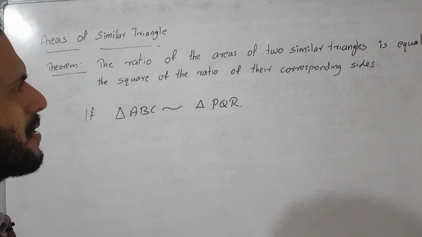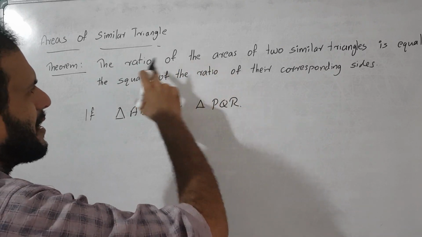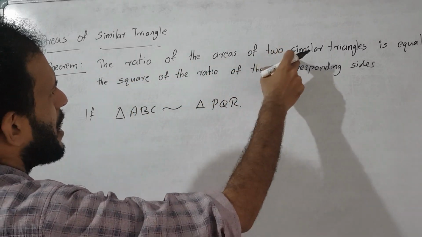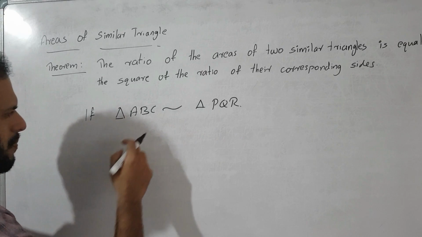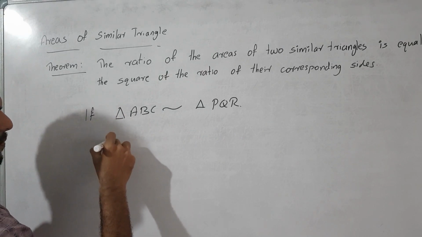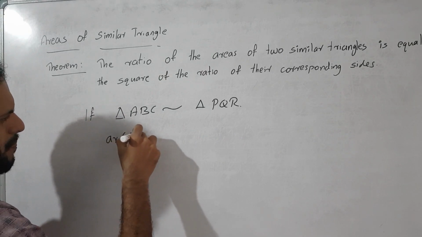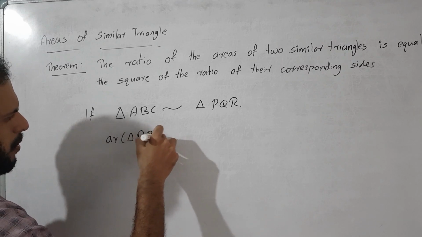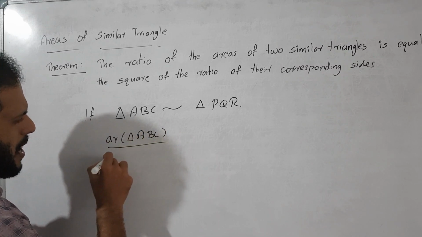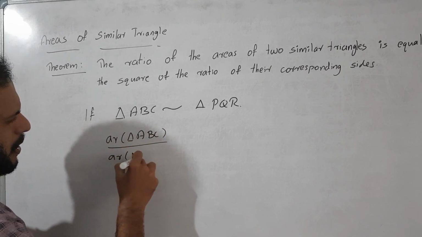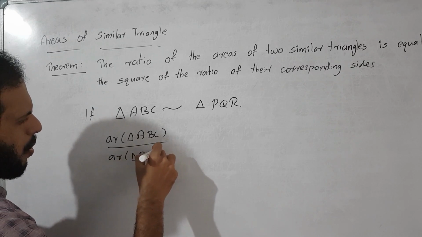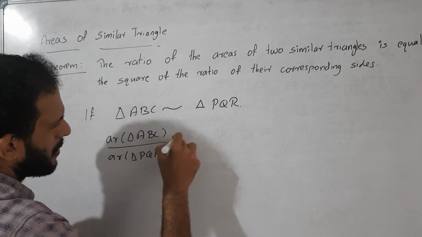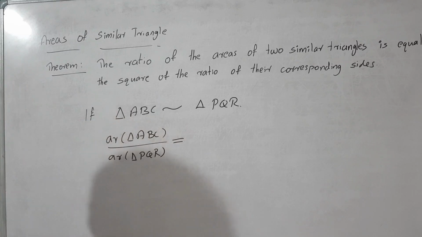Then the theorem says that the ratio of the areas of two similar triangles, that means area of triangle ABC upon area of triangle PQR, is equal to the square of the ratio of their corresponding sides.